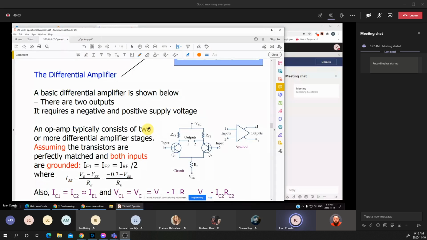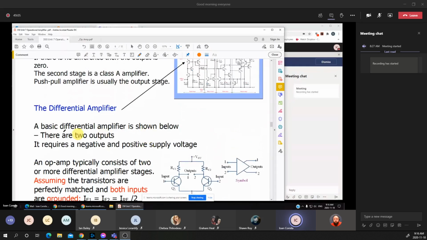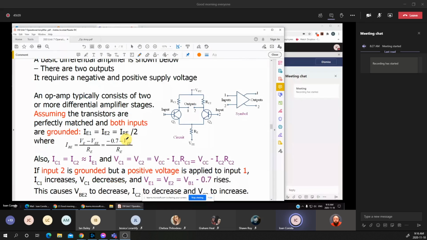And I will end here. Tomorrow we'll talk about the basic functionality of a differential input stage, or the input amplifier. We know these two circuits, and we know how to describe the basic functionality of the two circuits.